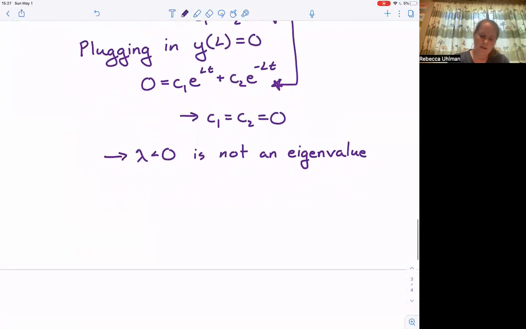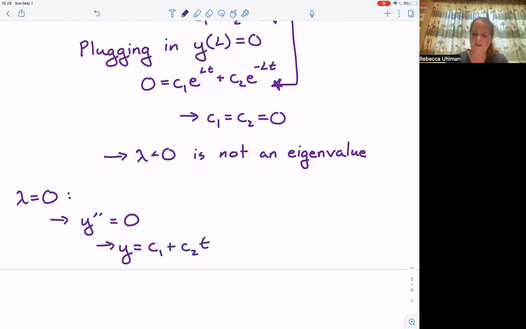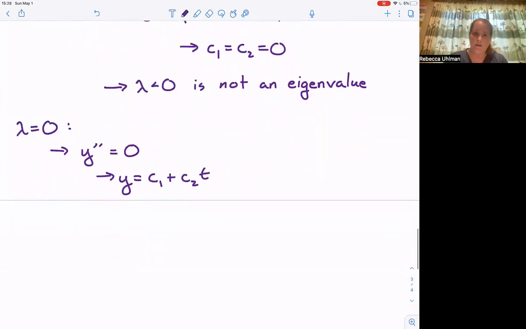Moving on to lambda equals 0. We are looking at y double prime is equal to 0. Once again, that means that y should be equal to C1 plus C2 times t. We have y prime is just equaling C2.